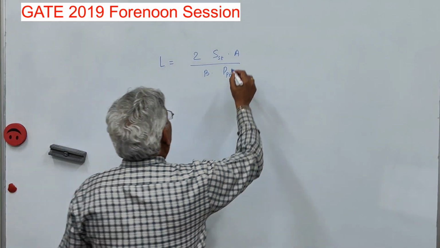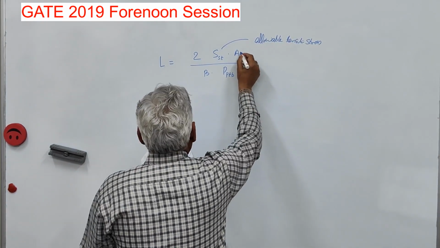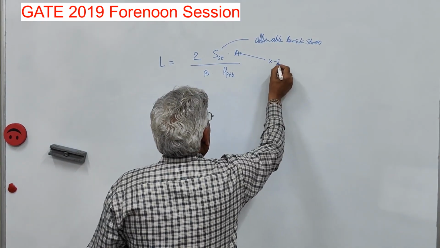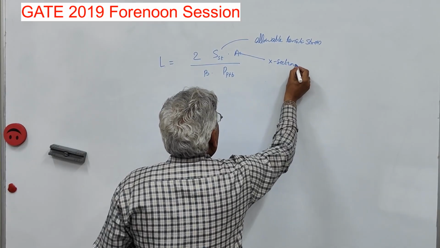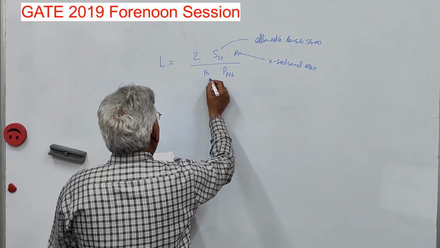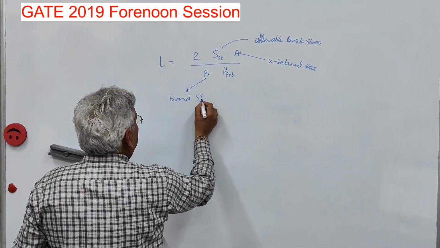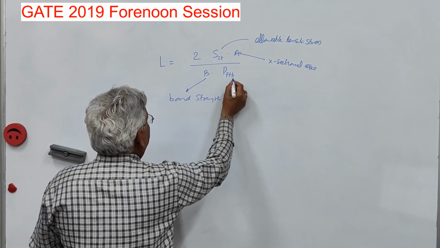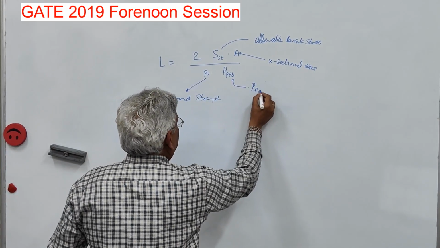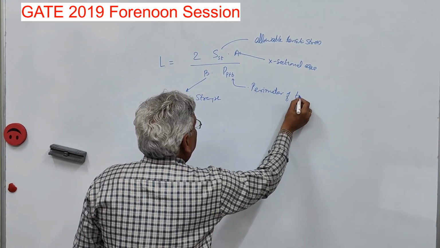Now, this is allowable tensile stress. This is the cross-sectional area of tie bar. And this is allowable bond strength between the concrete and tie bar. And this is what we call the perimeter of tie bar.